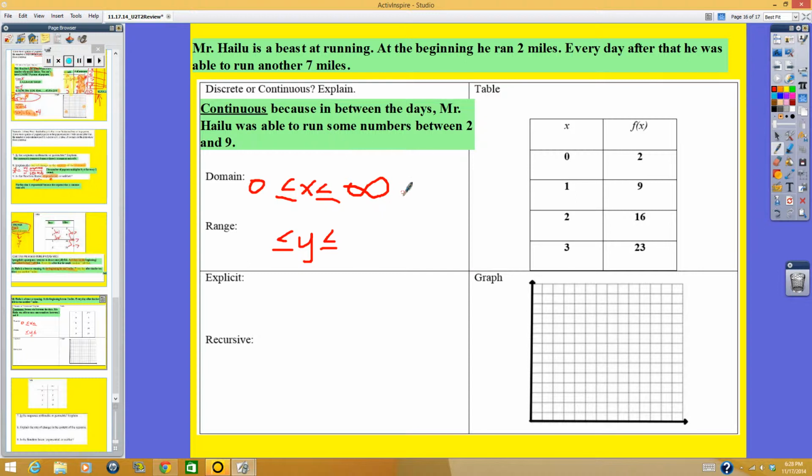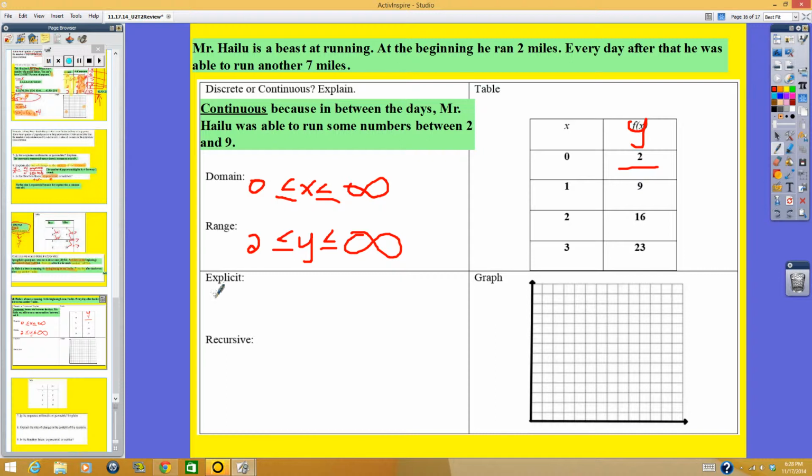But according to this problem, it goes from 0 to infinity, right? Now the first y value over here is 2. And that also goes up to infinity. Because if we don't know what the last x value is, we can't calculate this last y value. Okay? So it's infinity. Keeps going.